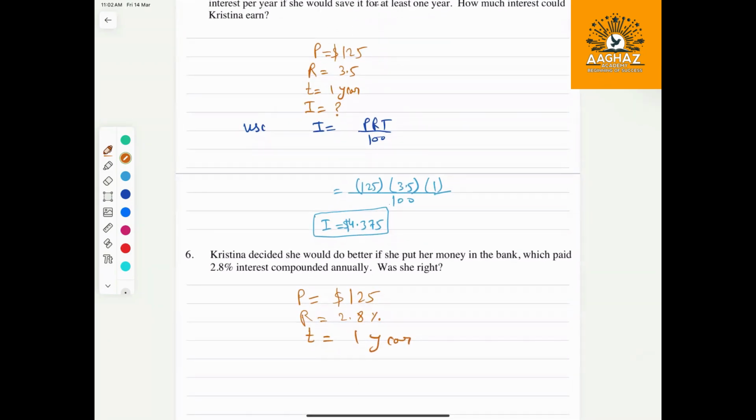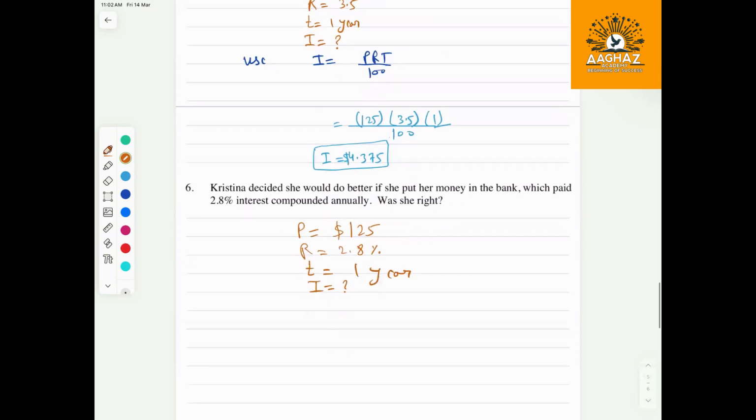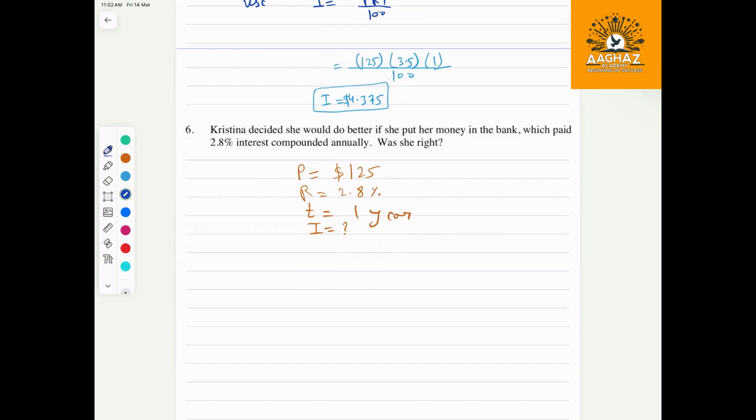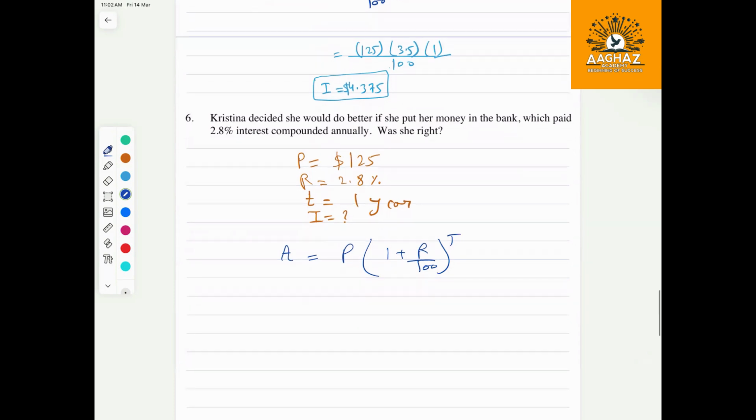Okay. And what I want to find: in this question, I will use the formula of compound interest, that is A is equal to P times (1 plus R over 100) whole power T. Now I will put in the values, and we can observe that the P value is 125, R value is 2.8 over 100, whole power T. T will be 1.